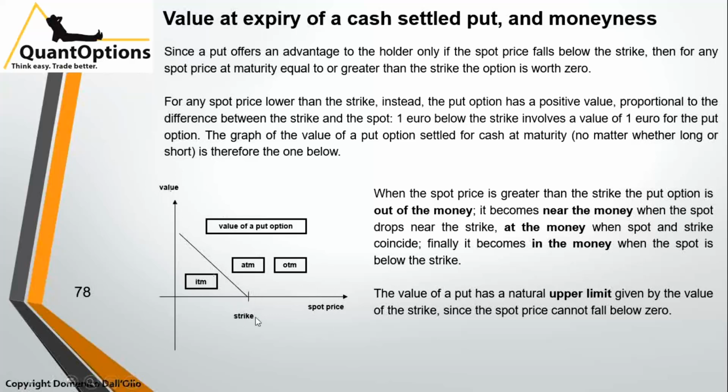Here we have the strike price. This is a put. So for any price at maturity equal or higher than the strike, all the value of the option is gone. The option is valued exactly 0. But if the price crosses the strike to the downside, then we have a one-to-one replication, 1 euro below the strike, 1 euro the value of the put.